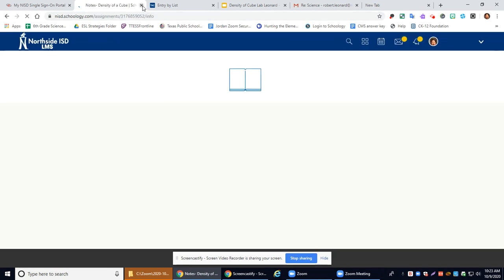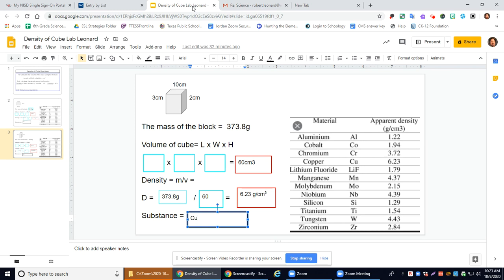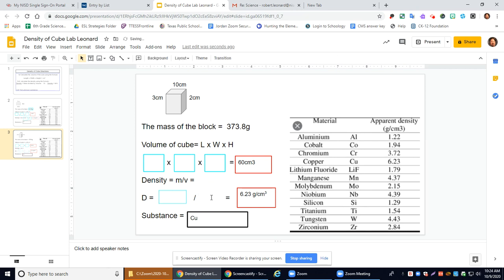Actually, I probably shouldn't be using that. I'll be using this. Let me kind of clean up my last class. Oops, let me do that.